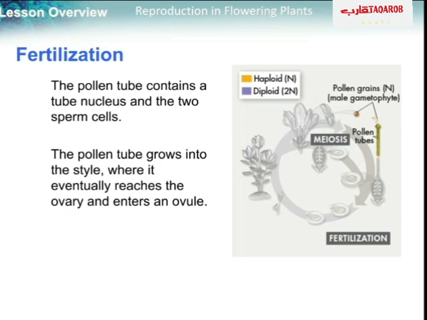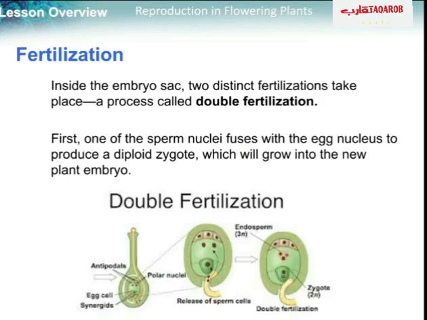The pollen tube contains a tube nucleus and two sperm cells. The pollen tube grows down the style, where it eventually reaches the ovary and enters the ovule. Then inside the embryo sac, two distinct fertilizations take place, a process called double fertilization. First, one of the sperm nuclei fuses with the egg nucleus to produce a diploid zygote, which will grow into the new plant's embryo.